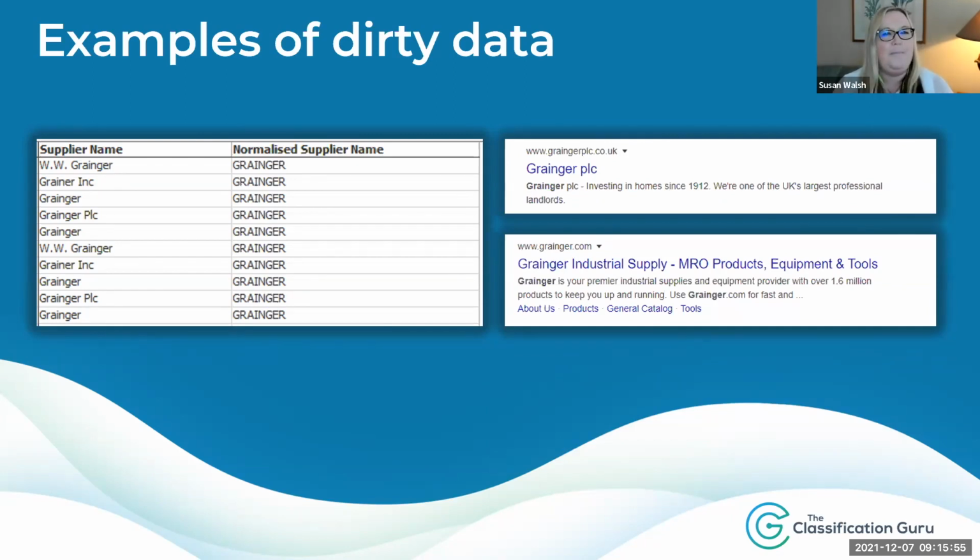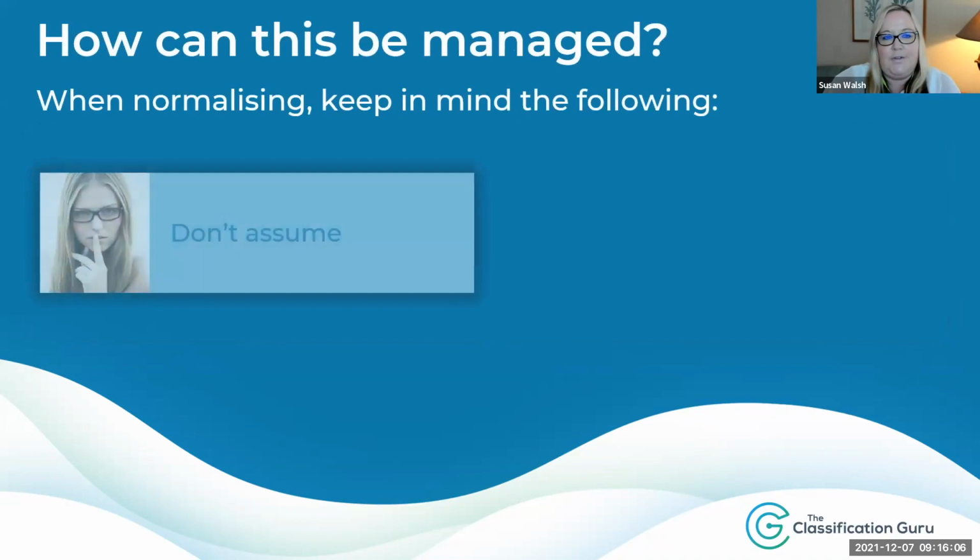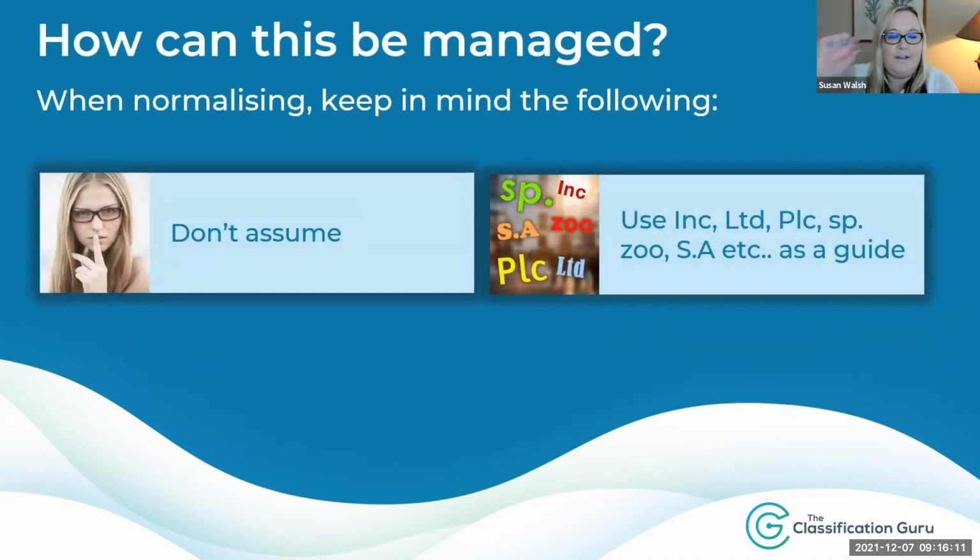Don't just think you know something, double check, look at the descriptions, look at the GL codes, look at whatever you have to help guide you with that. So remember, don't assume. And there are suffixes at the end of company names that help tell you where they're from.